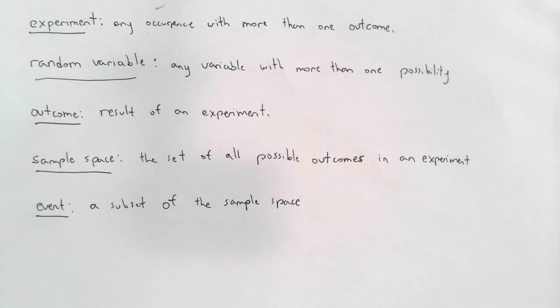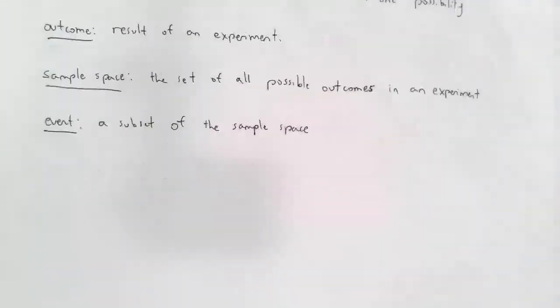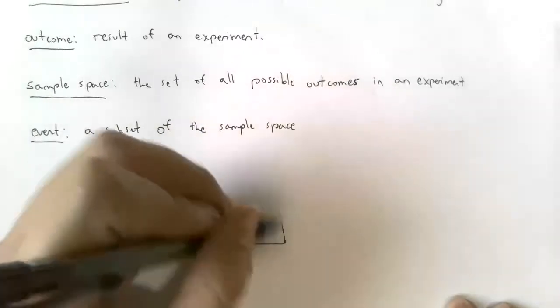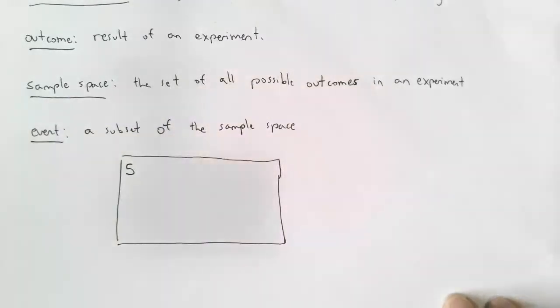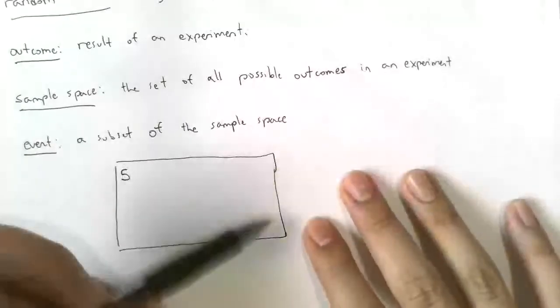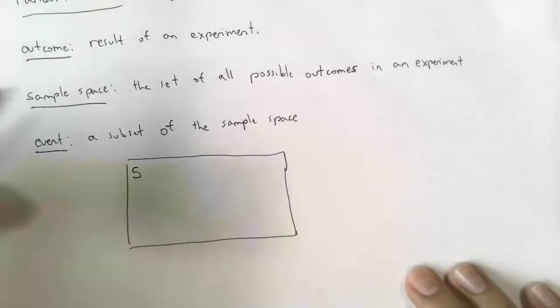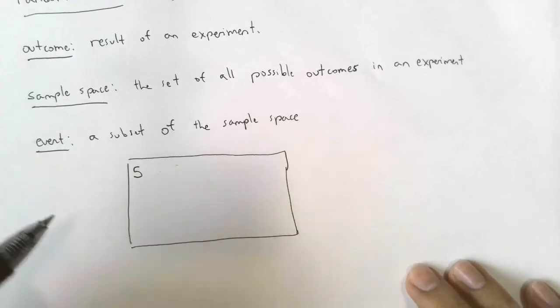So instead of thinking of sample spaces as lists of outcomes, think of it as an area, where this area represents my sample space. So all possible outcomes have to be inside this area, like tails 2 seconds, heads 1 second. Everything is inside here.